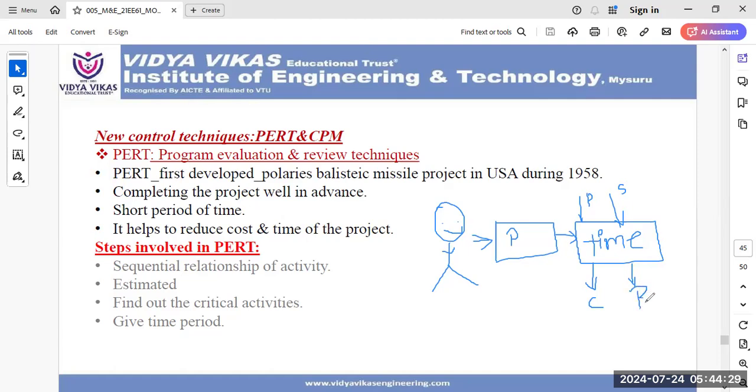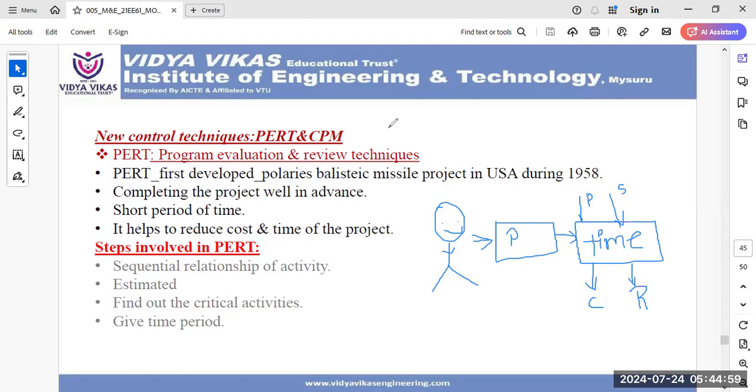We need to do proper planning for time management, schedule management, then controlling and resource allocation. This is the whole idea. Here is one person who gets a project from the company within a certain period of time, and the project has multiple features like planning, scheduling, controlling, and resources.